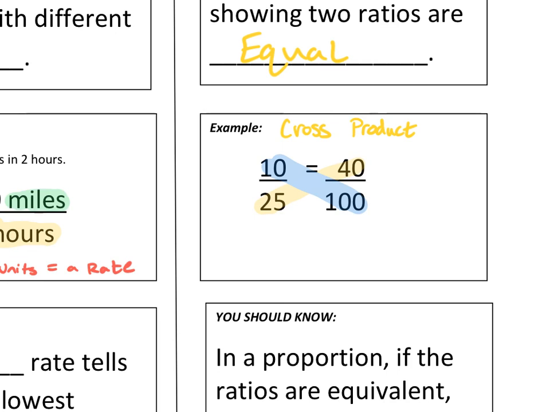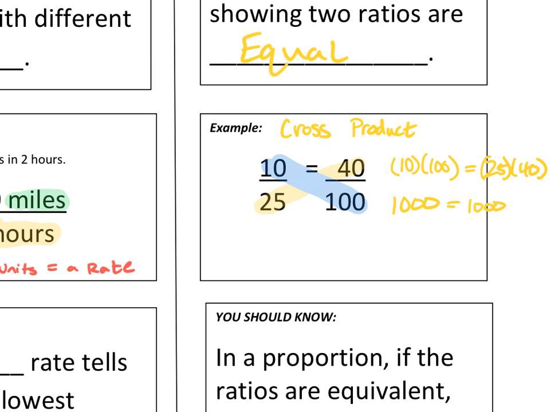So you would have to go 10 times 100 equals 25 times 40. 10 times 100 equals 1,000, and 25 times 40 also equals 1,000.